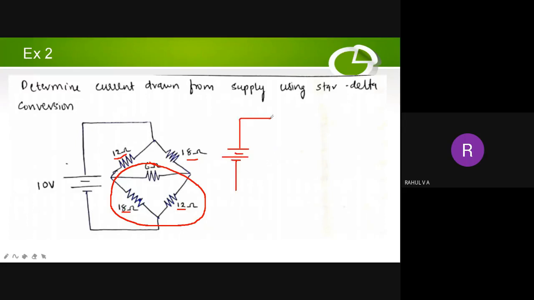So if I convert the bottom delta into star, the new diagram will look like this, because the top delta is there and then the new star connection will be drawn like this.